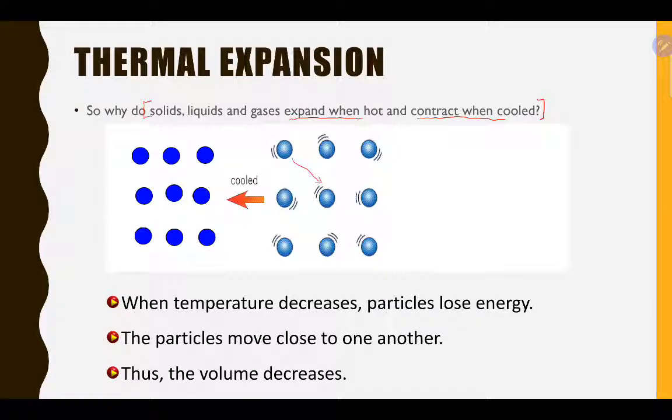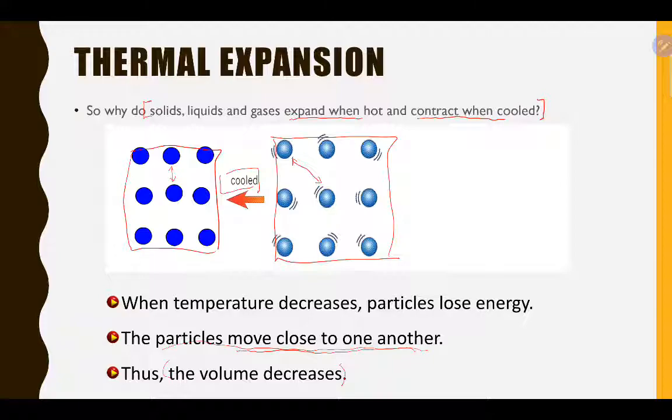If you see the distance between this particle and the particle after it moved, after you cool it down, it's closer, it's shorter. Because the particles move closer to one another, the volume decreases. Because they get closer, it becomes smaller.